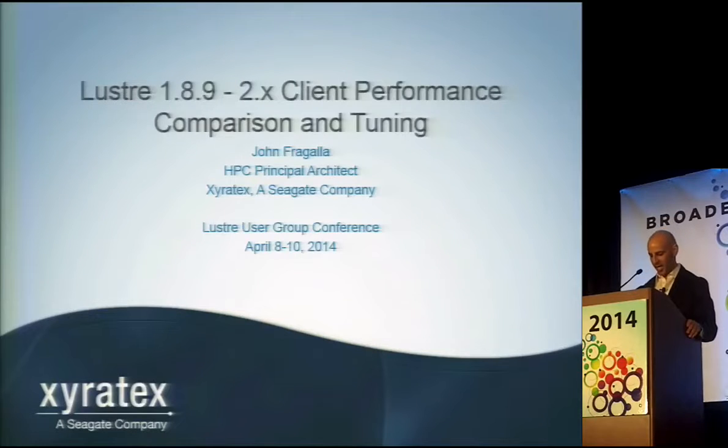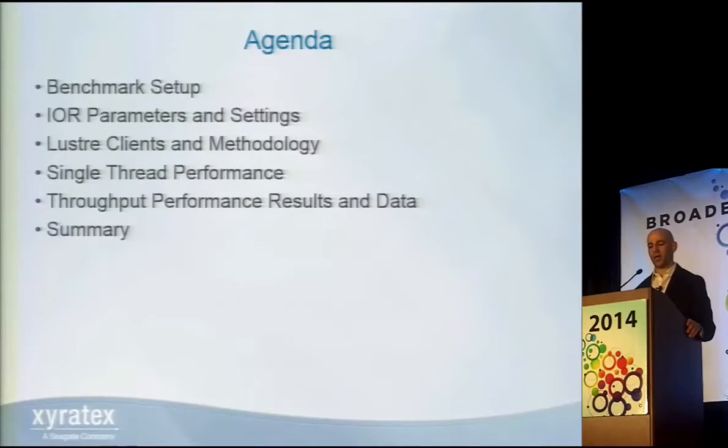So today, I want to go through a couple things on the topic. First, I want to discuss the benchmark setup that I put together to compare the clients, actually 4 clients that I compared. Talk about the IOR parameters and settings I used, and the Lustre client methodology and tuning that we went through.